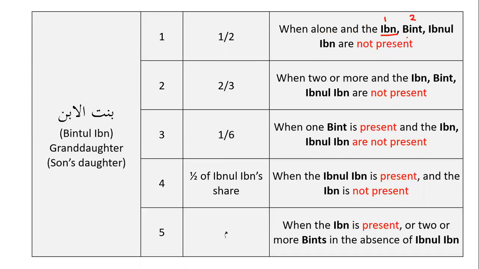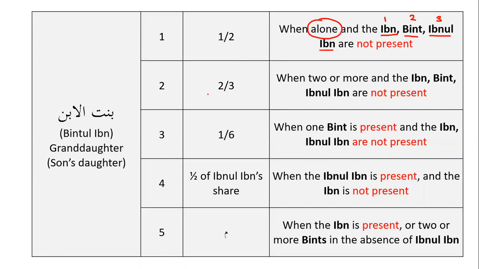Number 2 is the Bint. And number 3 is the Ibnul Ibn. So if none of these 3 are present and the Bintul Ibn is alone, then she will receive half of the inheritance.